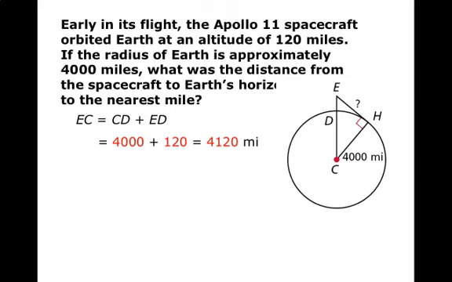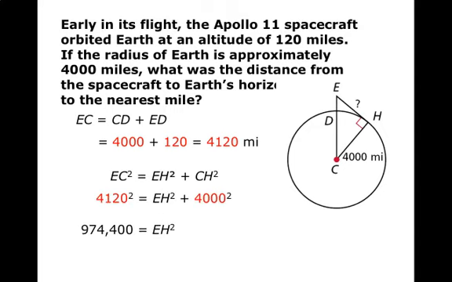So if we know two sides of a right triangle, we can use the Pythagorean theorem in order to find that missing side. To where we get that the distance from the spacecraft to the Earth's horizon is approximately 987 miles.